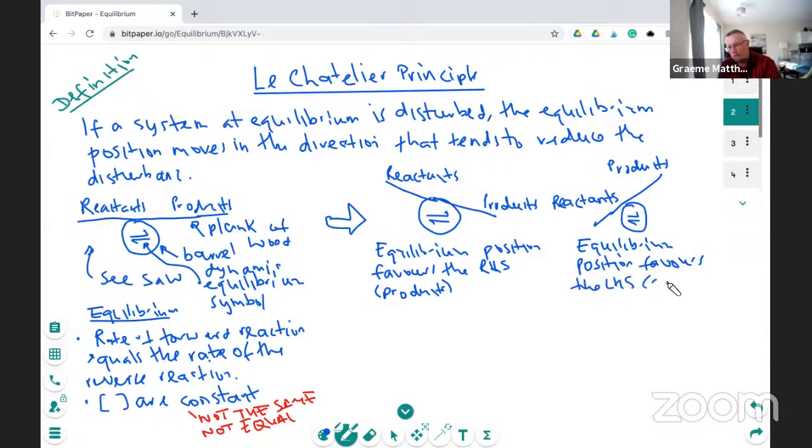Right, the reactants, true. But it's still in equilibrium. It's still in balance. It comes to a final resting spot with the rate forward equals the rate backwards. The concentrations are constant. And then this is equilibrium.